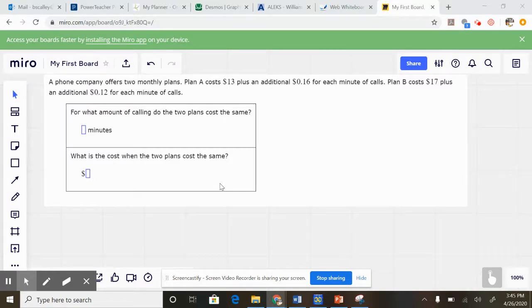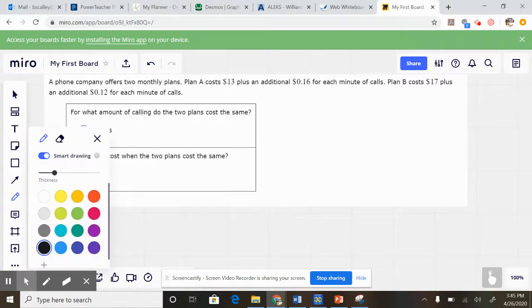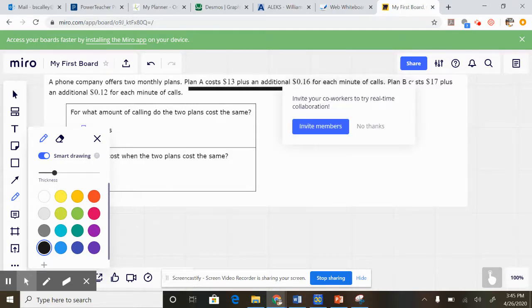So I want to write a system of equations that could represent this problem right here. So I'm going to go with Plan A first. Plan A is $13 no matter what, plus an additional 16 cents for each minute.